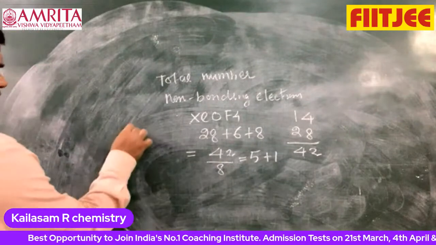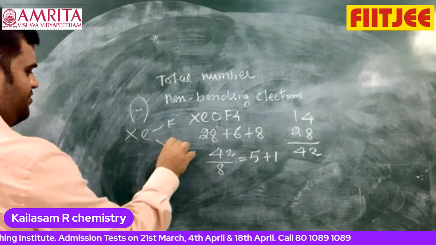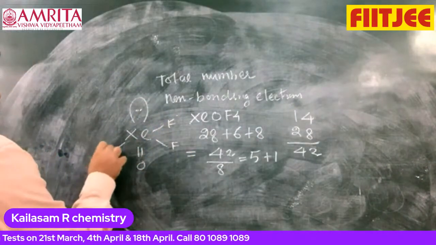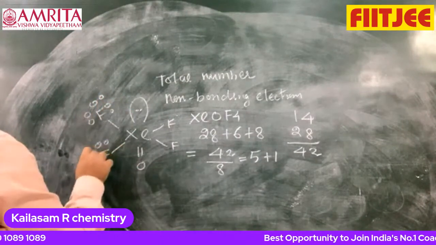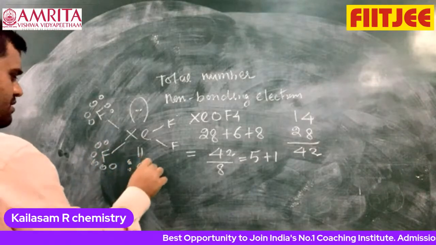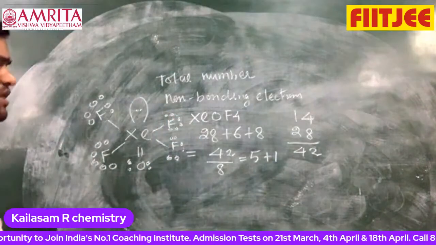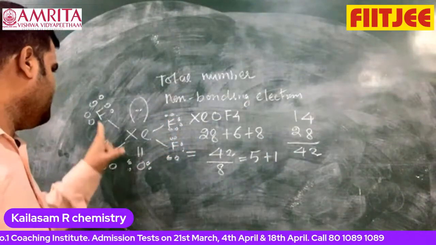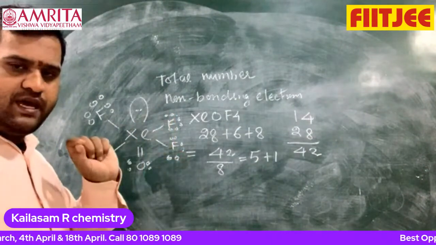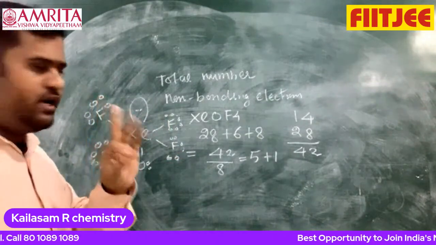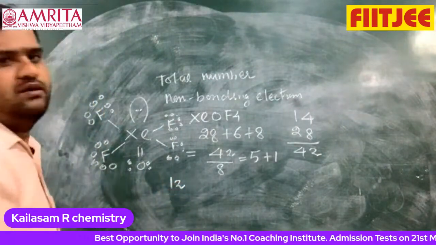That means, let's see, one lone pair is there. Fluorine, fluorine, double bond O, F, and F. Each fluorine has 3 non-bonding pairs, 1, 2, 3, 4, so 4 into 3 is 12.